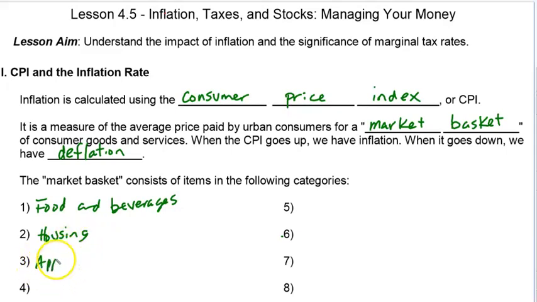Apparel, clothing items for men and women. Transportation, the cost of getting from point A to point B. That could be gas prices, airline tickets, all the different ways that we get around. The price of transportation drives the CPI.